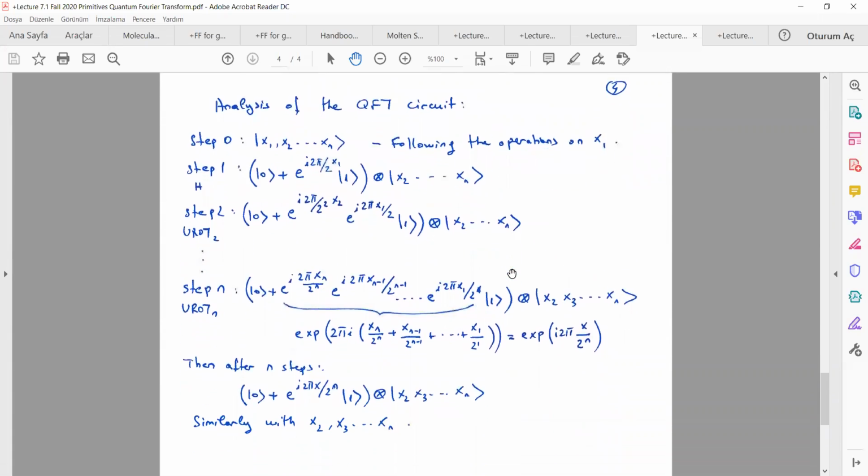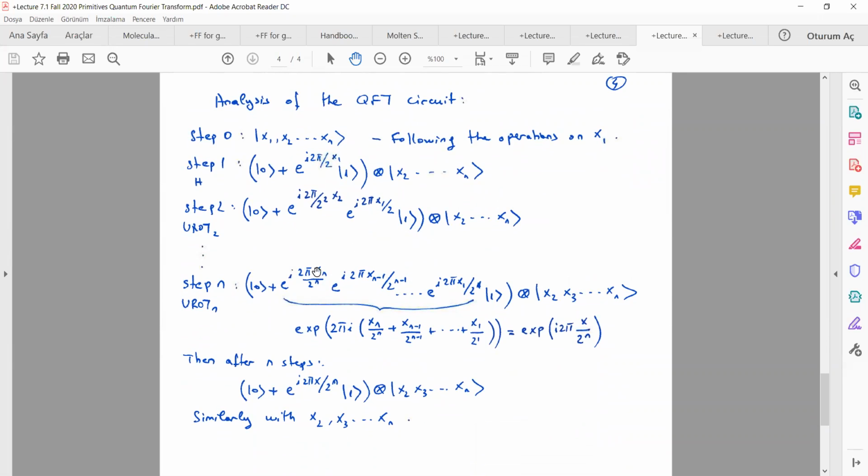So this applies in the nth step an additional phase e to the i 2 pi x sub n over 2 to the n. And if you add up all these phases, since the phases are in the exponent, we end up with the exponential of 2 pi i times x sub n over 2 to the n, plus x sub n minus 1 over 2 to the n minus 1, up to x sub 1 over 2 to the 1.